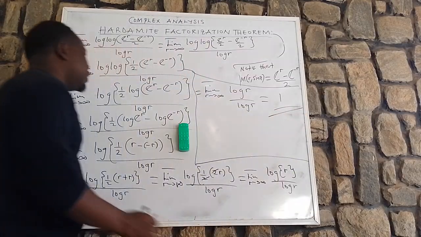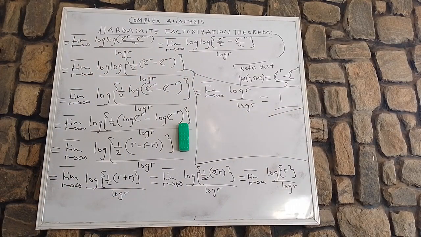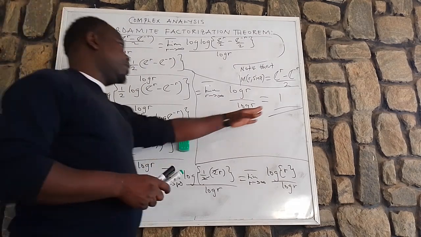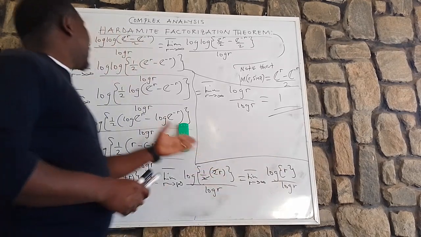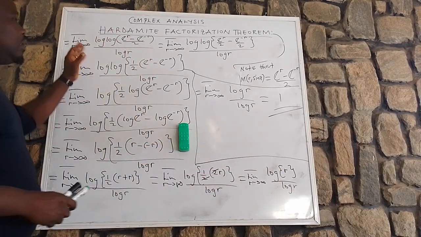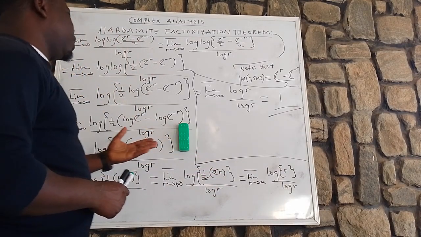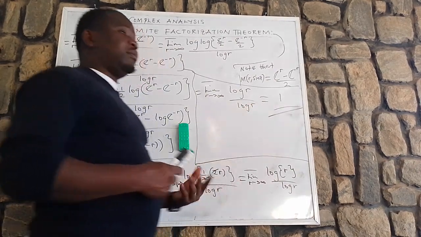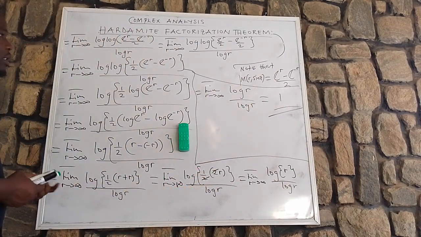This is the answer. So this implies that the order of sin z is equal to 1. Then the order of e^(-z), it gives us 1. It means they are all the same thing, true or false? They are all the same thing.